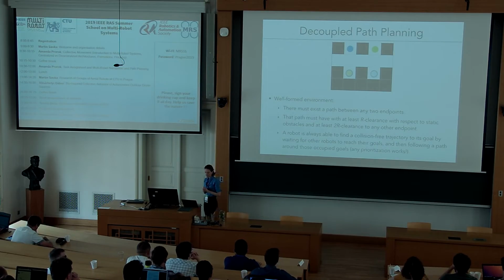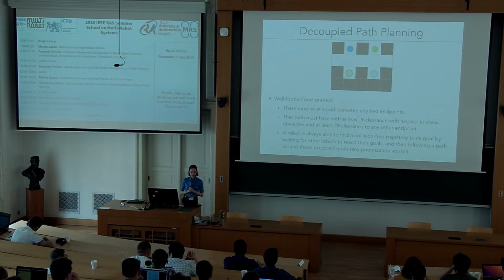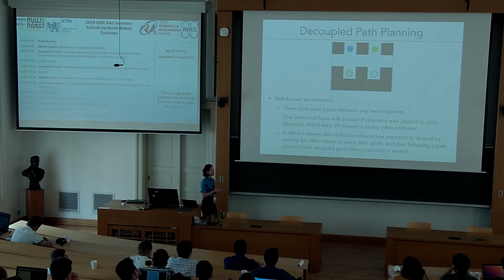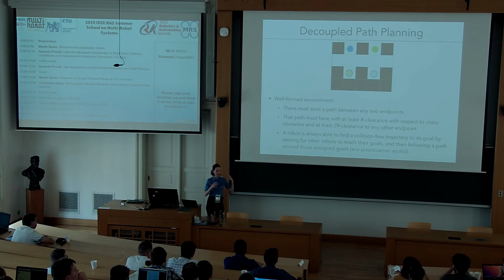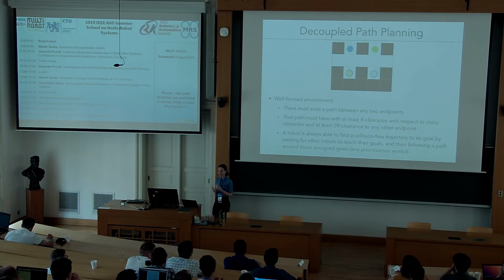So here the interesting thing is that we're doing a decoupled algorithm and it's building on a prioritization metric, right? That allows you to decide which robot will go first. And the interesting thing about this well-formed environment is that any prioritization in this decoupled path planning method will allow you to achieve completeness.